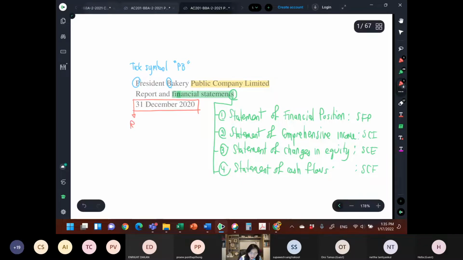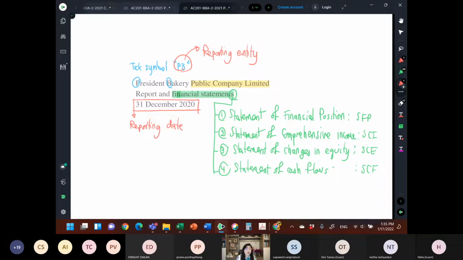So this is actually the reporting date, and this PB is the reporting entity. So we get to see the financial reports reported by President Bakery, which is a reporting entity, on the reporting date at the end of the year 2020.